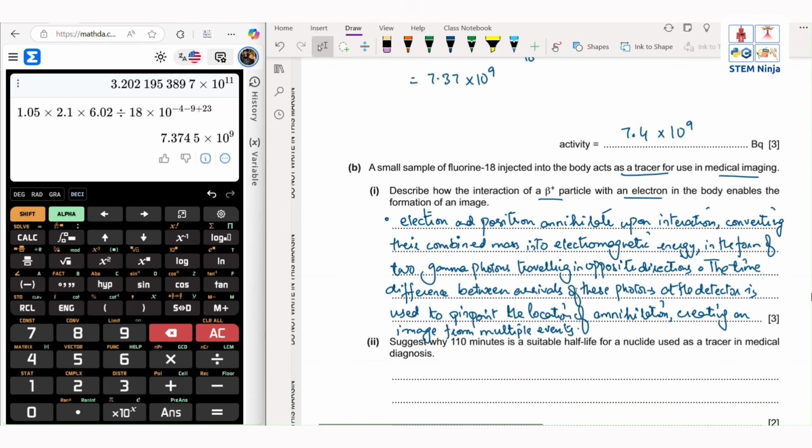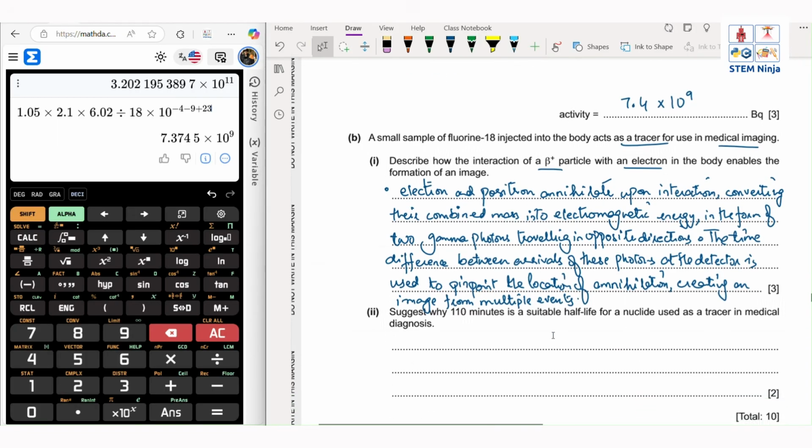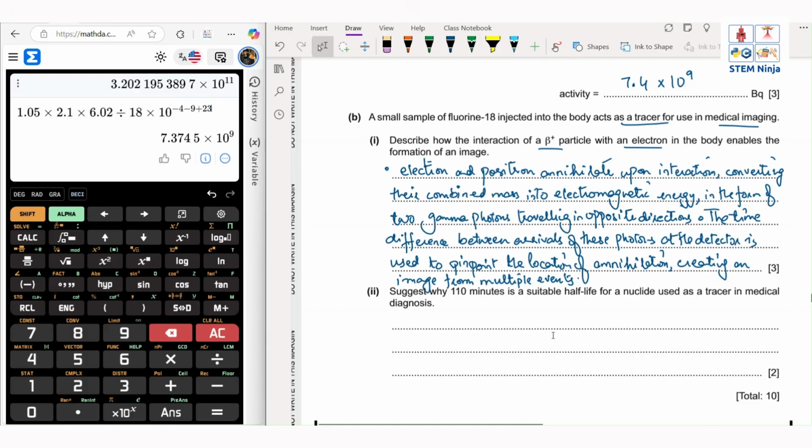Suggest why 110 minutes is a suitable half-life for a nuclide used as a tracer in medical diagnosis. Now you can find the answer for this in the FAQs also.